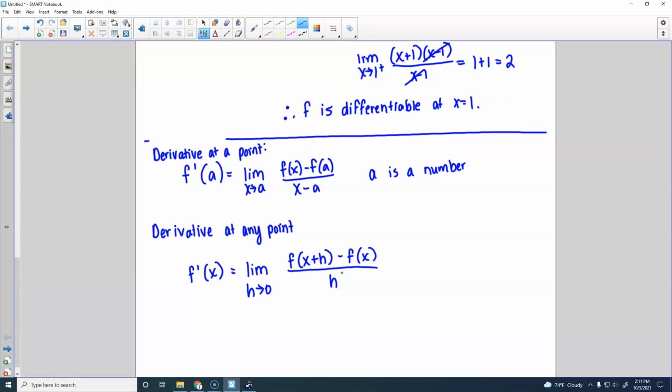Let's say that your function was f of x equals 3x squared plus 2x plus 1. Okay? So let's just say that's what we started with. I know a secret, so I can tell you that f prime of x is going to be 6x plus 2.